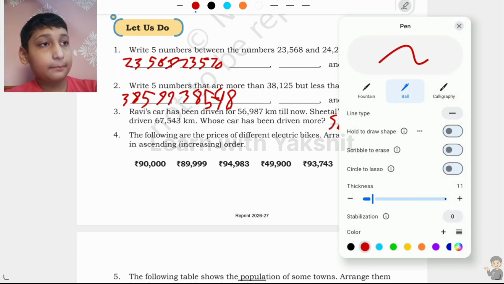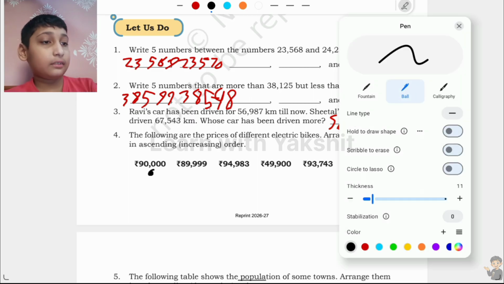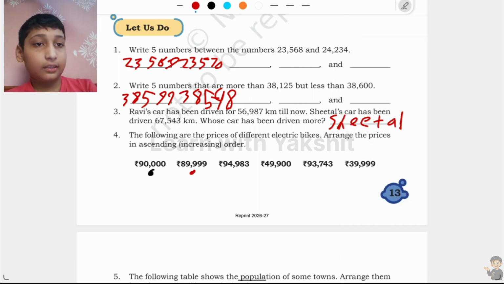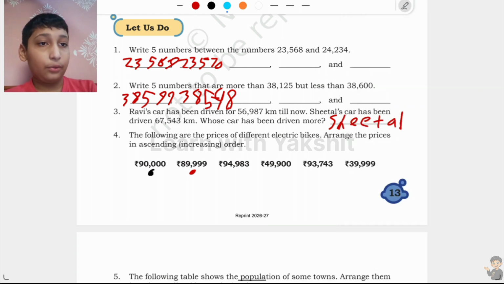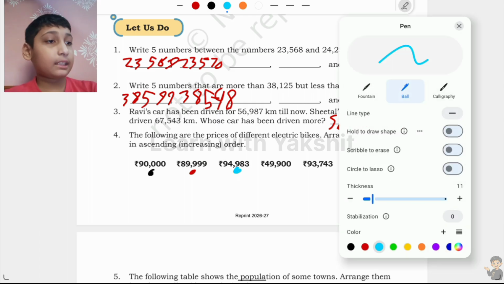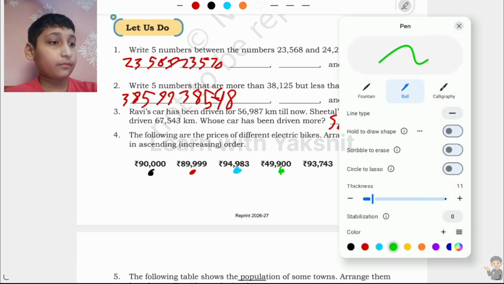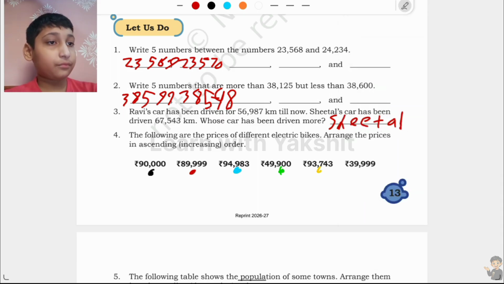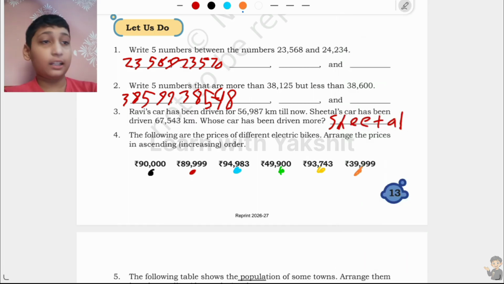The first one is black, next is red, then blue, then green, then yellow, and the last is orange. Now we have six colors arranged.